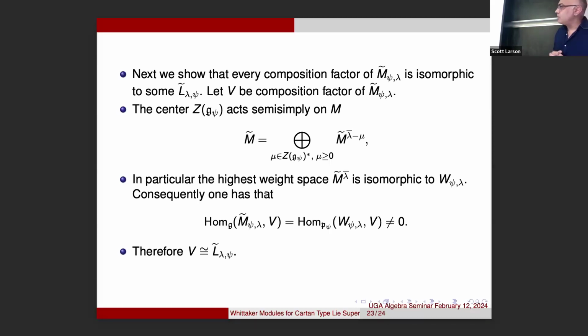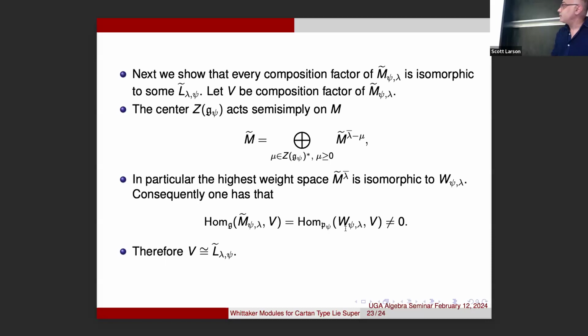Then if you look at the Hom space between M tilde lambda and V, if you restrict M tilde to G psi, or to P psi, which is G psi plus the positive part, applying the same property, then this standard Whittaker module is also a P psi module.